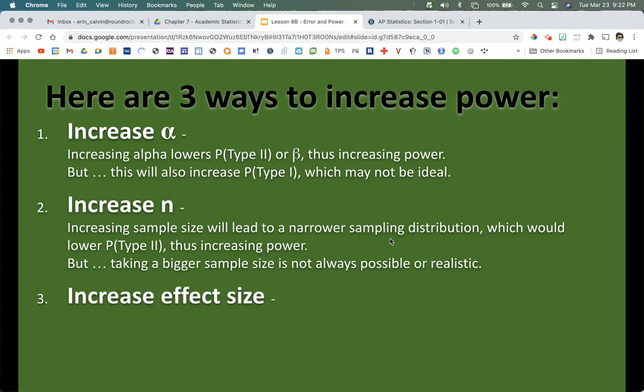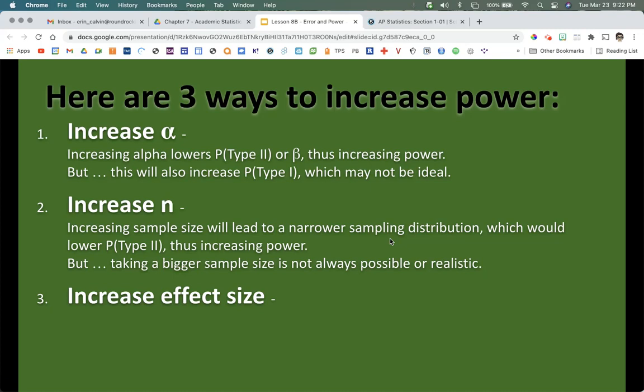The last thing is probably the most conceptually weird thing to understand. It is to increase what we call the effect size. Effect size is basically the difference between the null hypothesis and the alternate hypothesis, in terms of what actually is true and what our null hypothesis is.